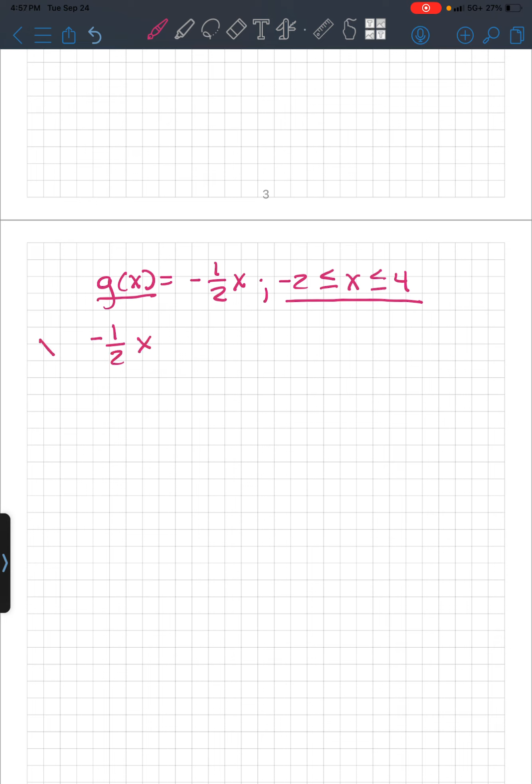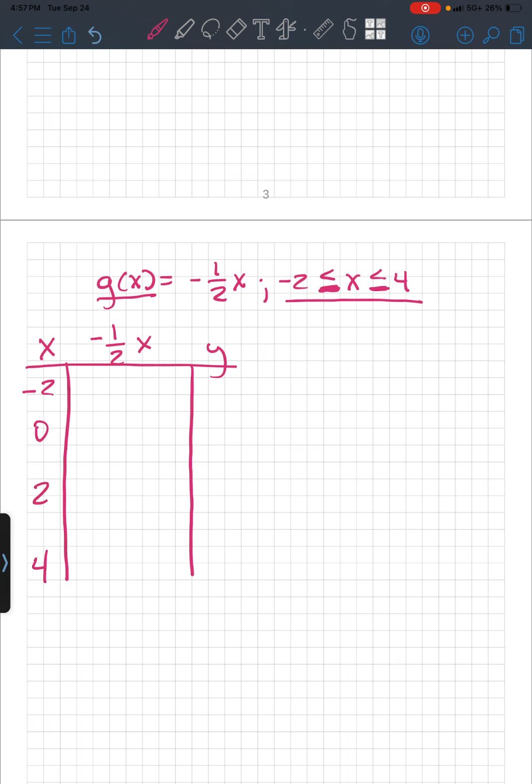So you want to set your table up. You want to have your x to the left, your function in the middle, and your y to the right. So I know definitely I'm going to put my lowest and highest number. It can equal those because it has the equal signs. And then in here they put 0 and 2. It's fine. If you wanted just to put 1 there, it's okay. I know this is going to be a line because that's a linear function.